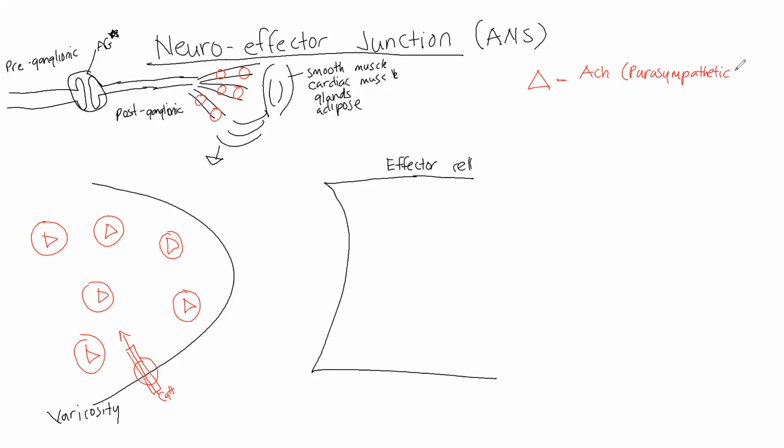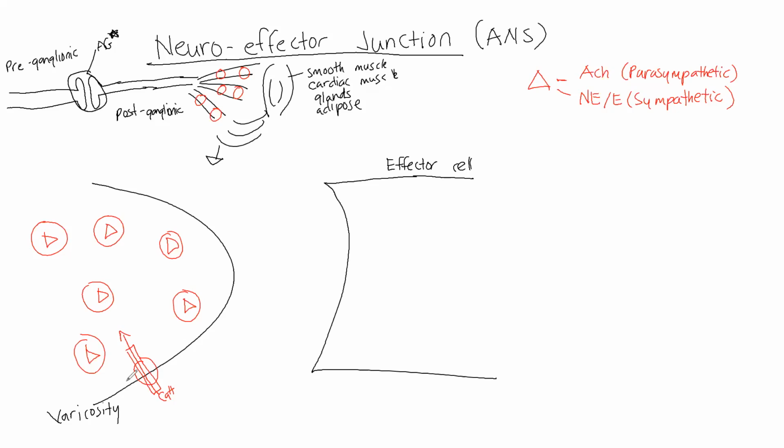Remember, both parasympathetic neurons release acetylcholine, or it can be norepinephrine, epinephrine if we're in the sympathetic system. Okay, so there are two options for what this neurotransmitter in the vesicles here can be.